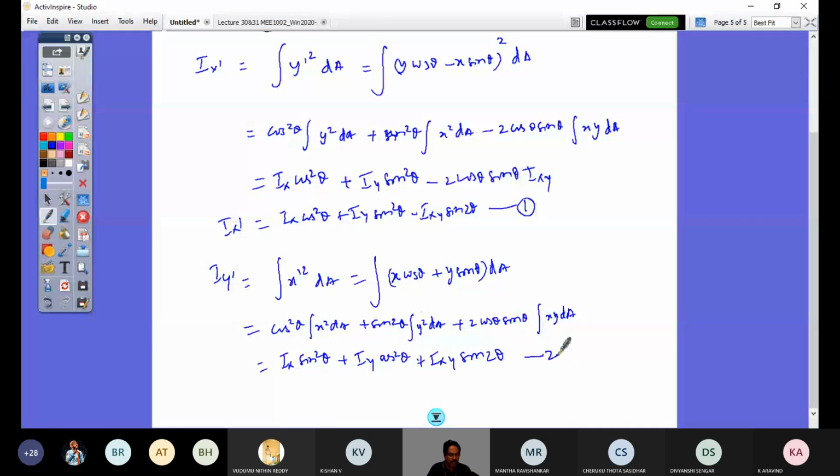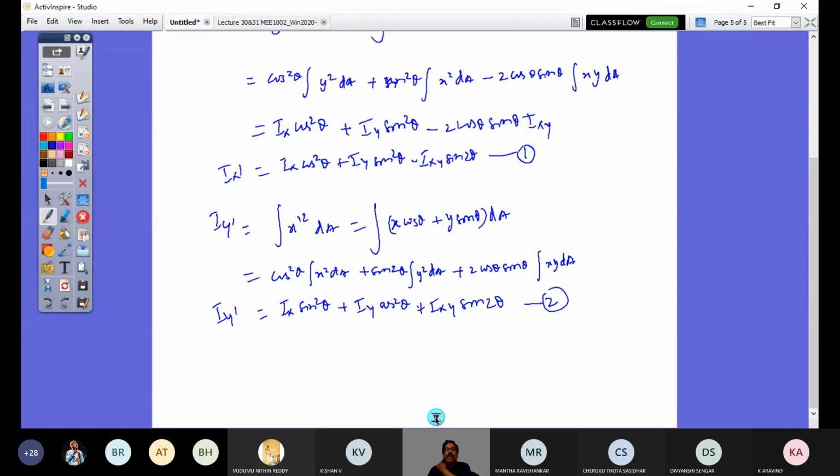Here you have one important relationship. You can just add 1 and 2 and see that the product of inertia terms go off. I have Ix commonly taken out, sin square theta plus cos square theta is 1, and Iy taken out, sin square theta plus cos square theta is 1. So I have Ix dash plus Iy dash is Ix plus Iy.